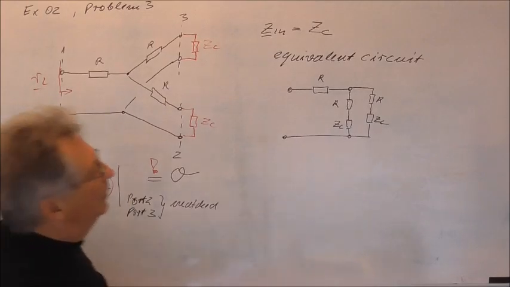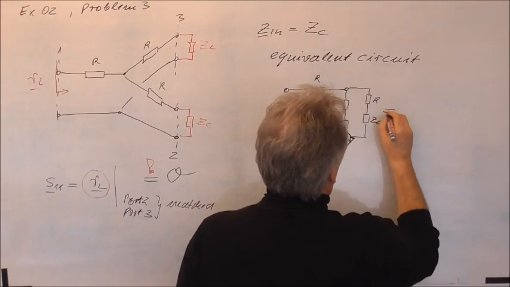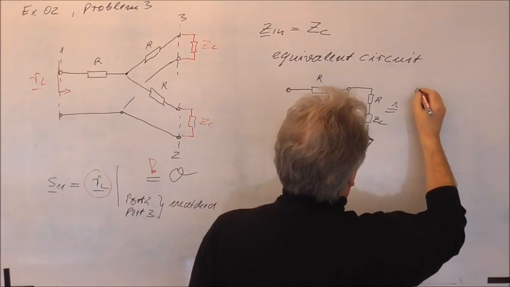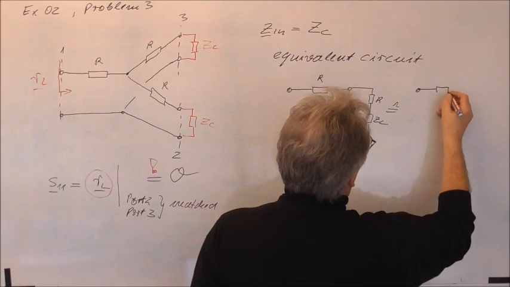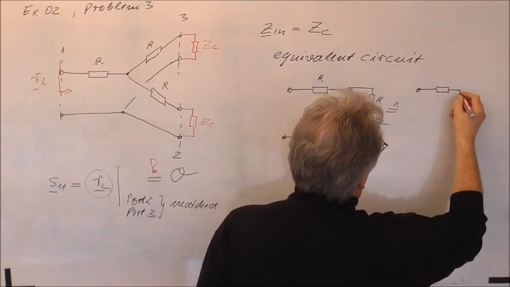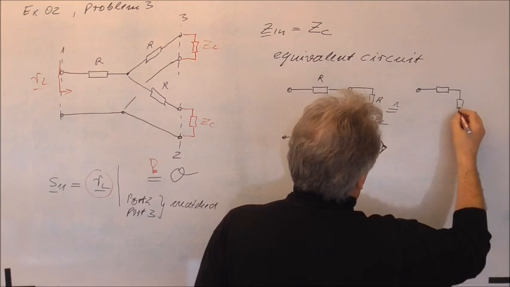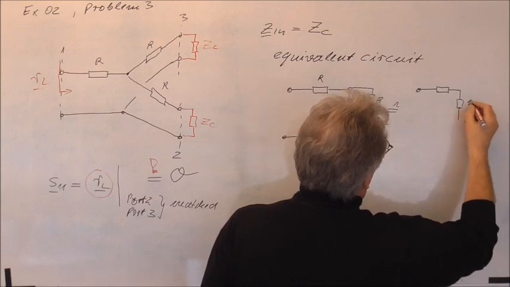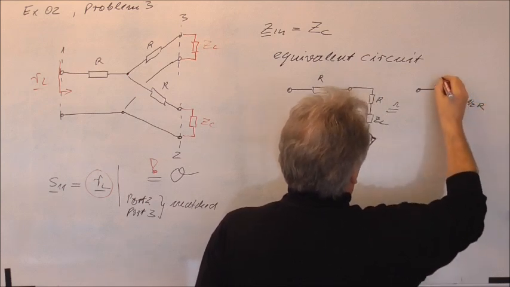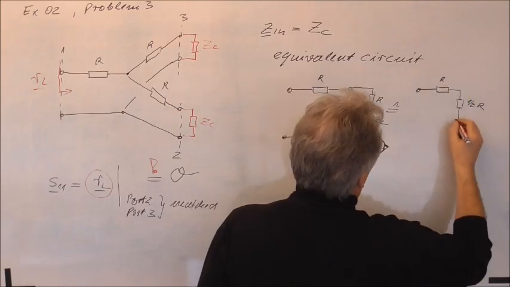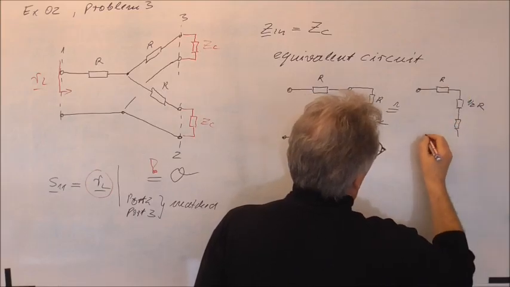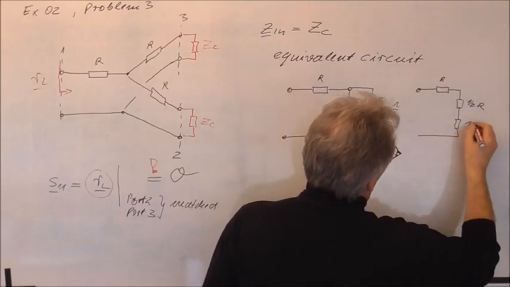But this is equivalent to the fact that I can say this is R, in series 1/2 R, here we have R, and here we have 1/2 ZC.